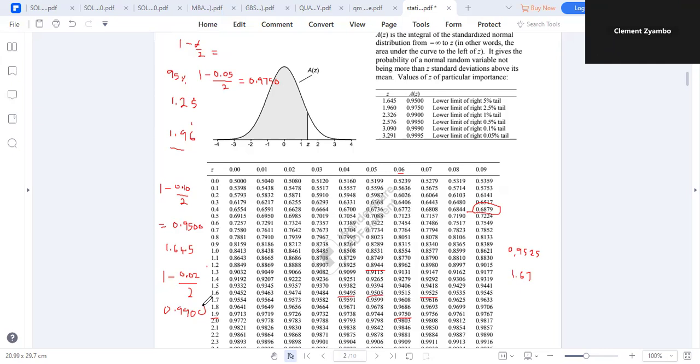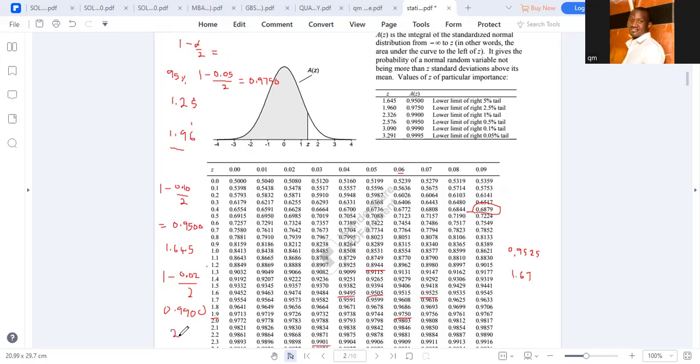So let's look at what is the reading now for 0.9900. It is between 2.32 and 2.33. Which one is the closest? 2.33.